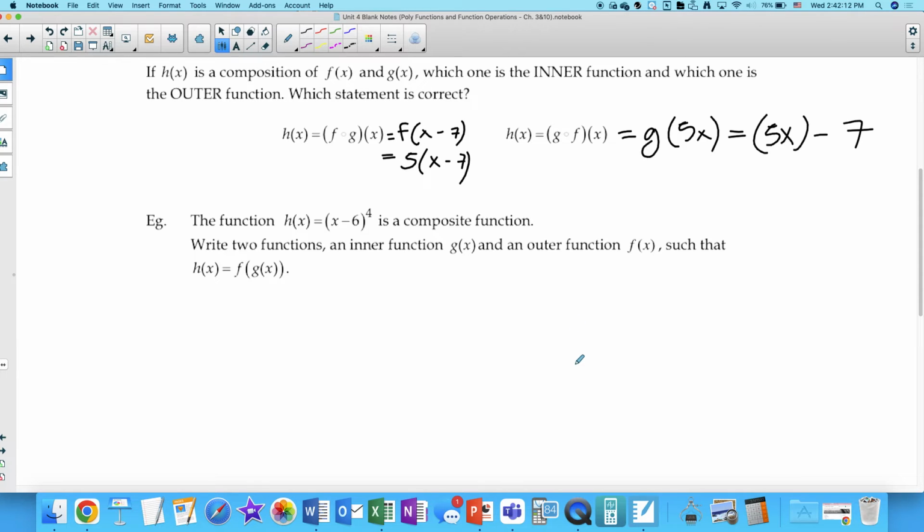So if this had been composed of two other functions, what would the equation of the inner function be? And what would the equation of the outer function be? And what you kind of want to try and do is zoom out a little bit.